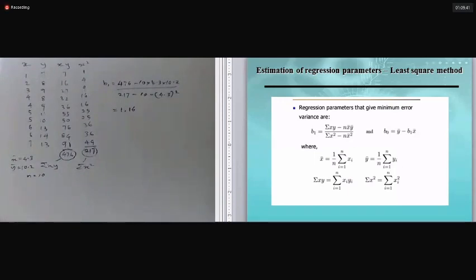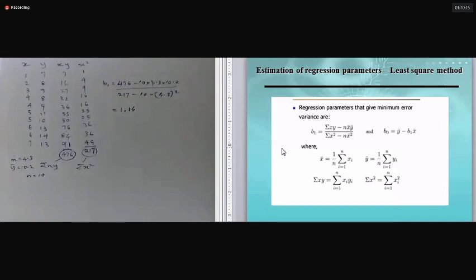I got one answer, 1.1165, but I'm not sure. Please check the correct value here, because the value of B naught depends on this value. We have to accurately find this value first. Can someone check and verify whether this 1.16 is correct or the value is different? Correct, sir, 1.165. Okay, 1.165. So we'll take it to two decimal points, so it is 1.16.